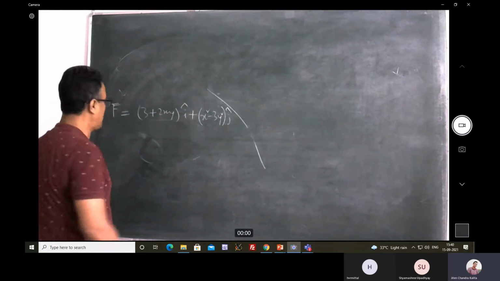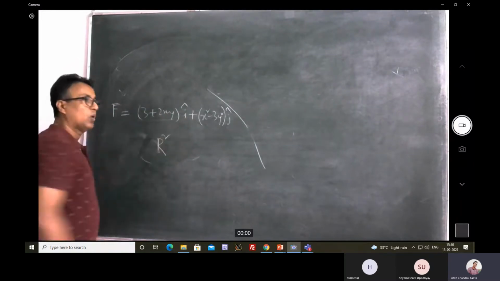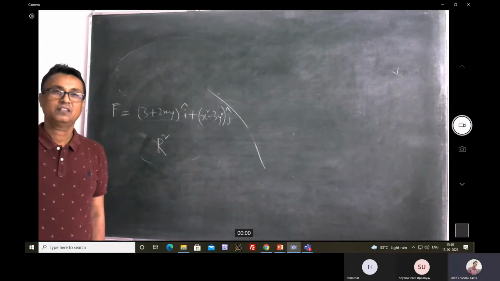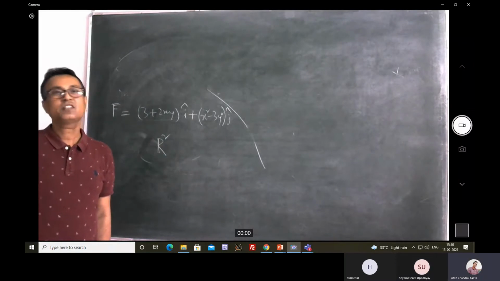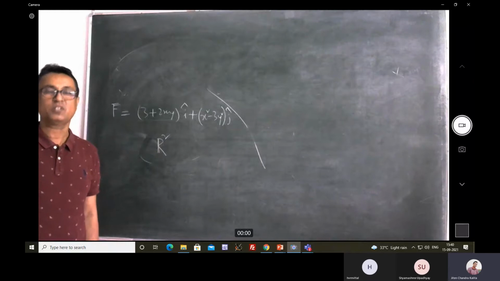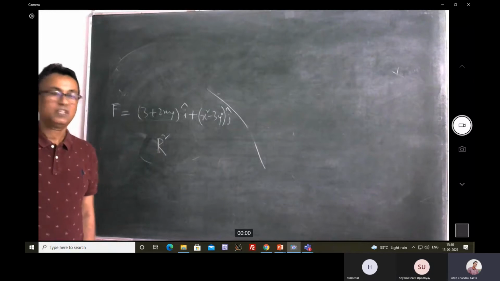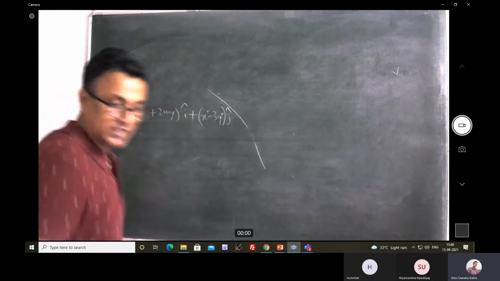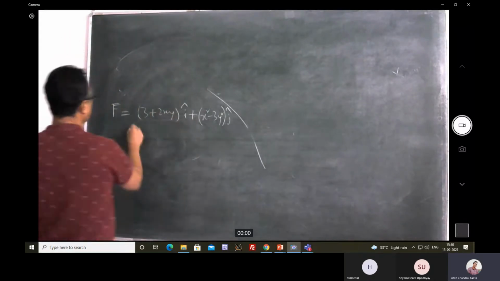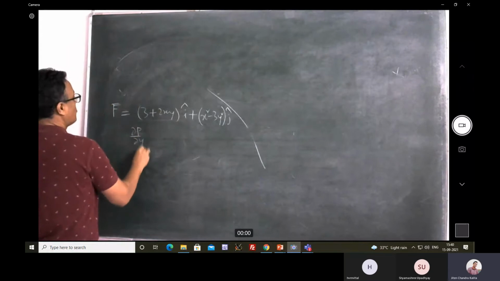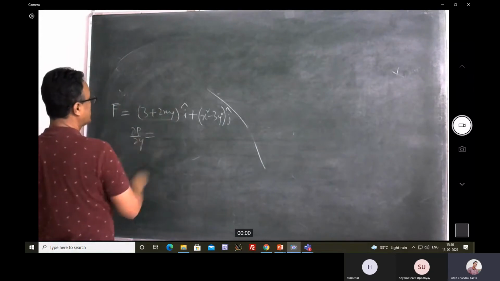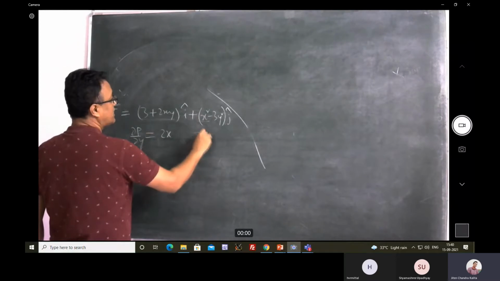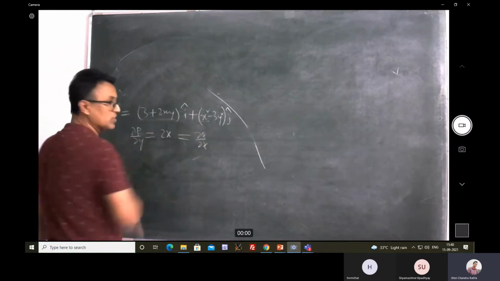I can consider this function F over the whole R2, and that is an open, simply connected region. Here you can definitely see that del p del y equals del q del x, because del p del y is 2x, and del q del x is also 2x.